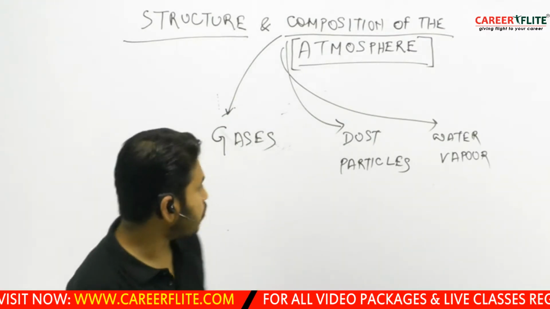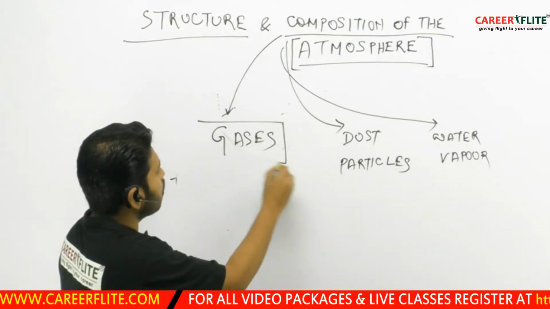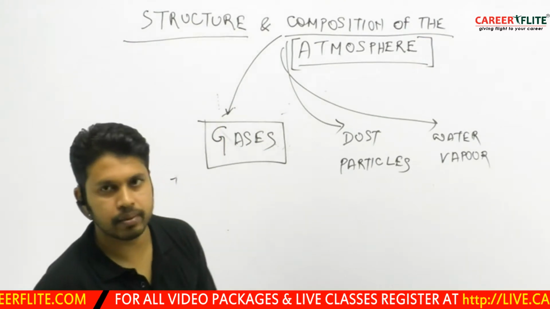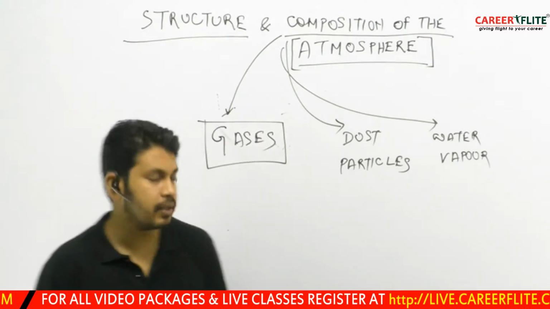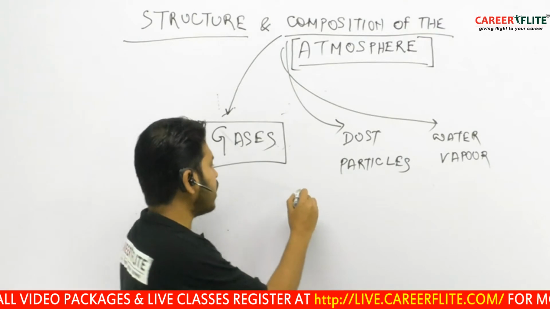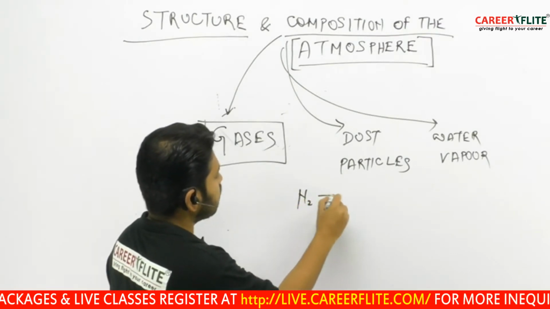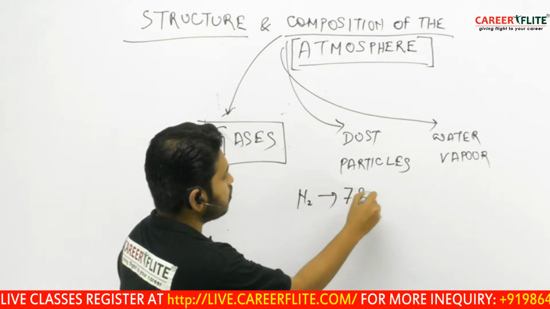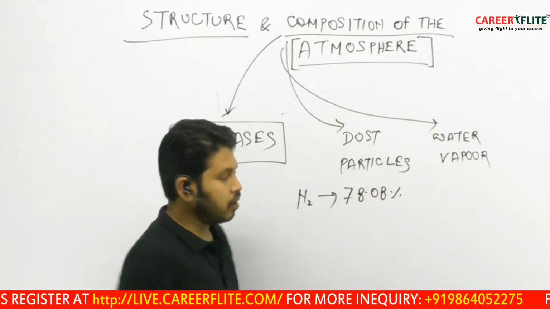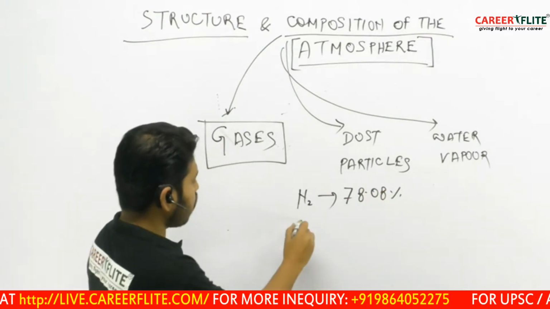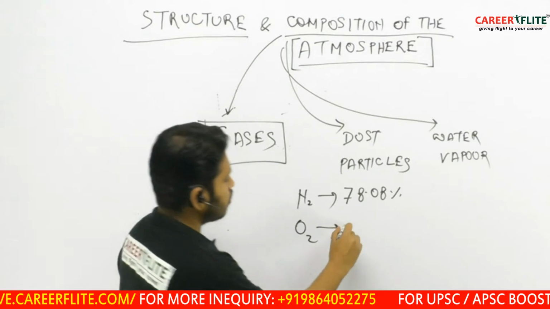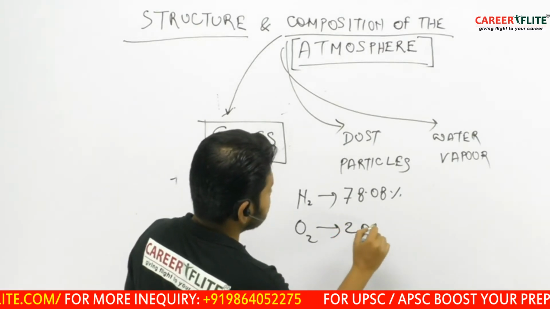Now the most important part is gas. We can find different types of gases in our atmosphere. The most abundant gas is nitrogen, 78.08%. Then oxygen, 21%.